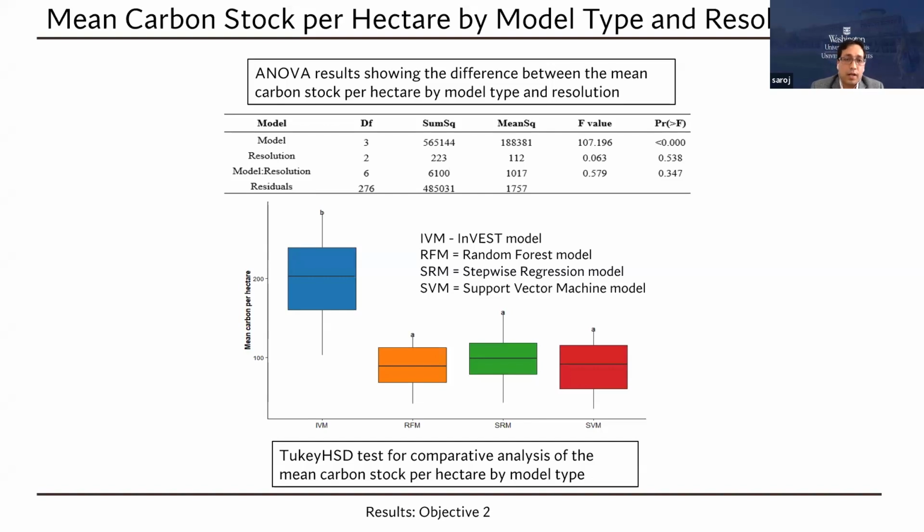This result was expected because, as I explained earlier, INVEST is a very simple model. It doesn't account for the carbon dynamics within the forest types, or within an agricultural area, or within a land cover. You fit it with a single value, so it will either under predict or over predict. In our case, it over predicted.